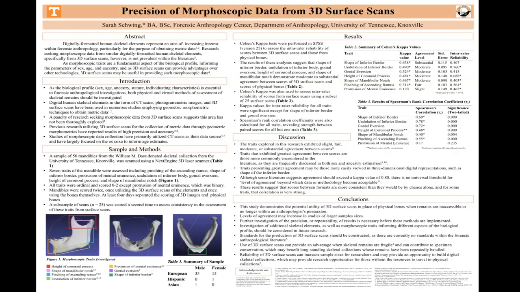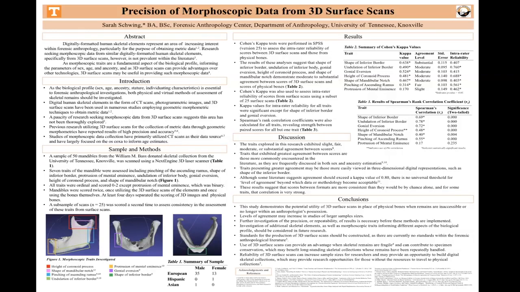So almost all of my traits showed significant agreement between virtual scores and dry bone scores. However, protrusion of the mental eminence, that last trait, did not display significance and had a very low kappa value.